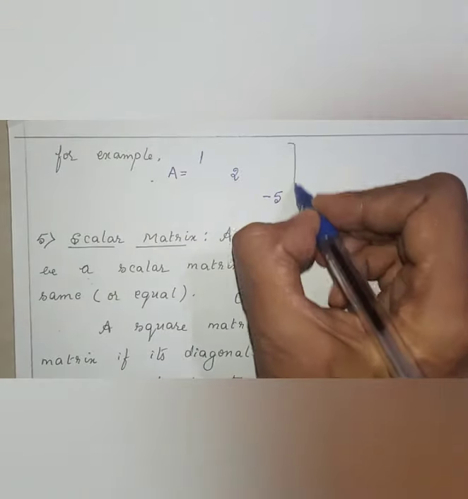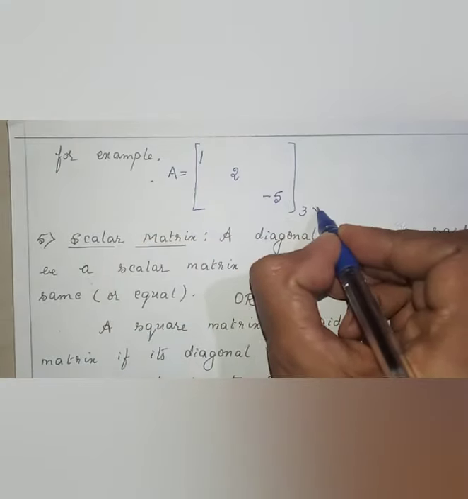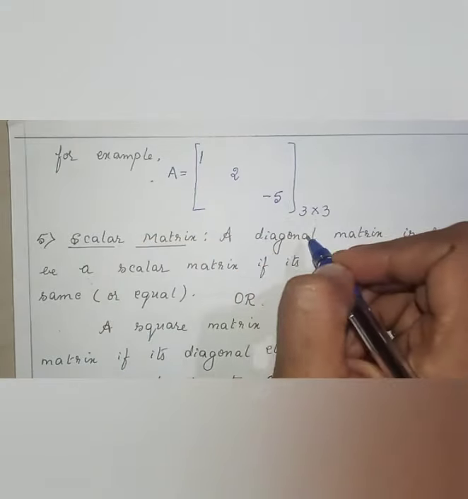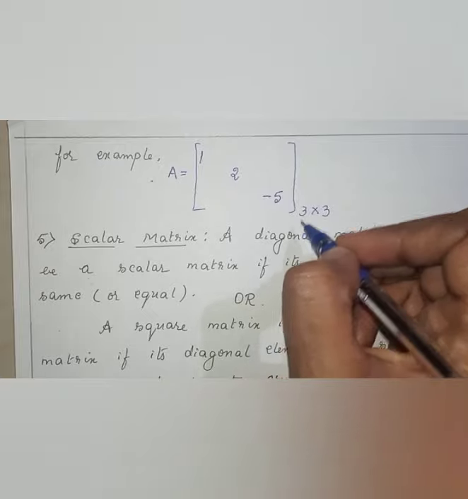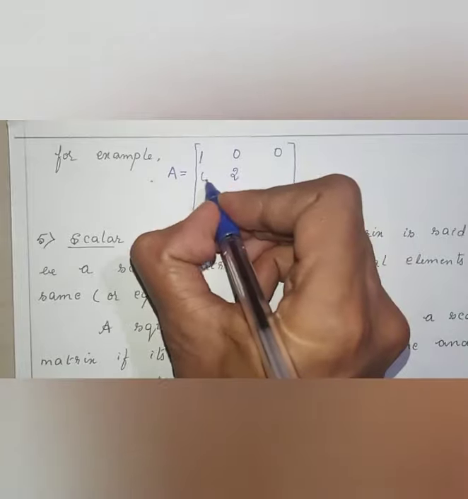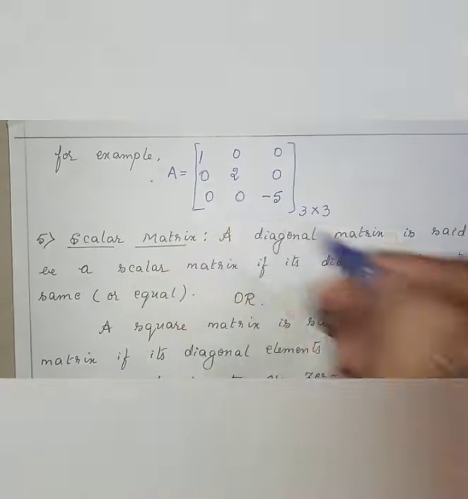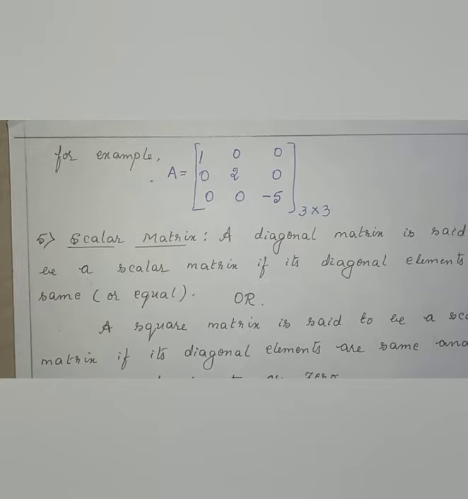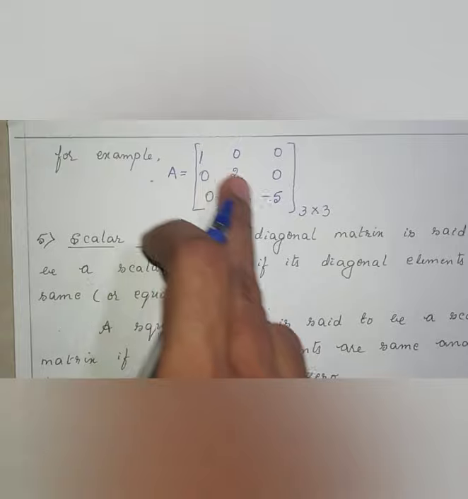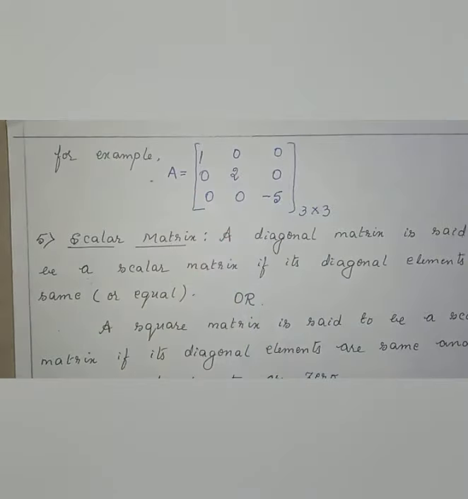I'll write the 3 by 3 matrix here. In a 3 by 3 matrix, there are 3 rows and 3 columns. Then the remaining entries: this is the first row, this is the second row, and this is the third row. So this is an example of a diagonal matrix. Other than the diagonal, all other elements are 0.